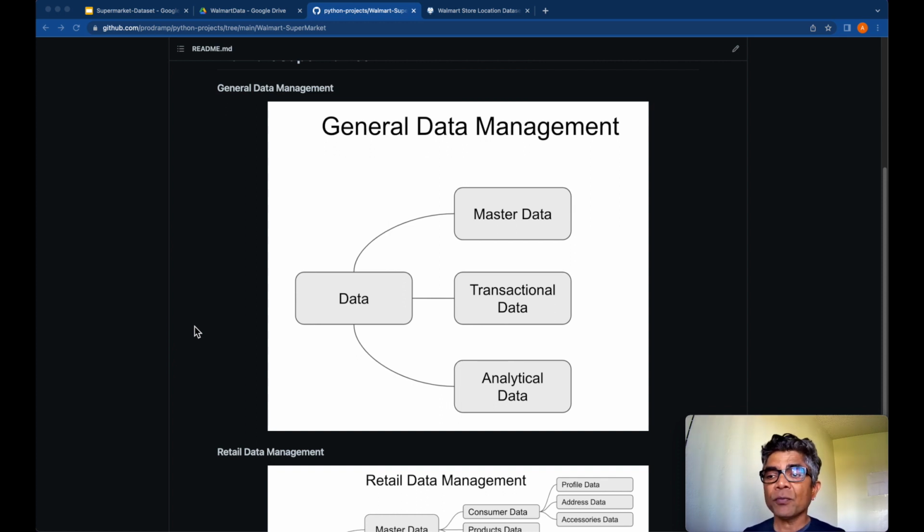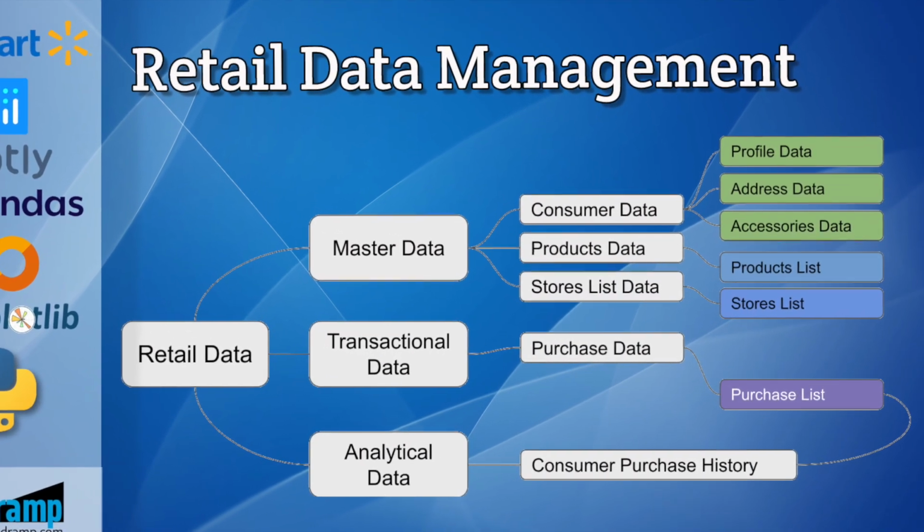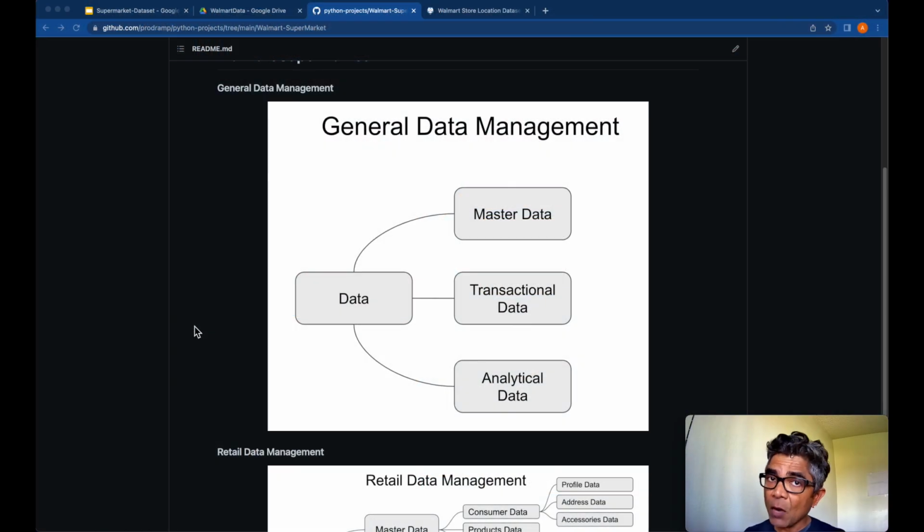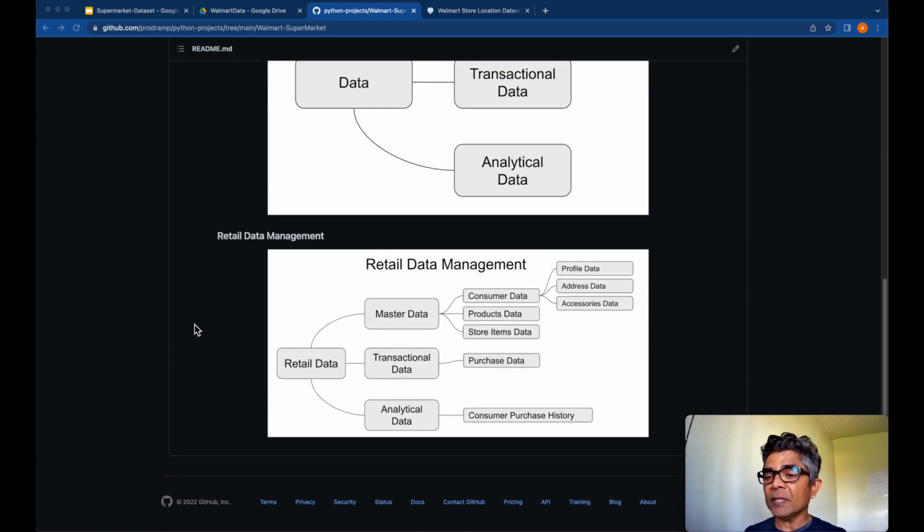So these three different kinds of data are going to be available in almost every organization or enterprise you are going to work with. In our example, when we are taking the Walmart size supermarket and looking into the retail data analytics, we have to look into this image.